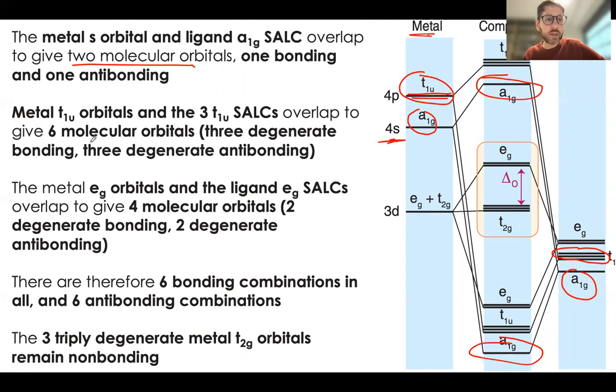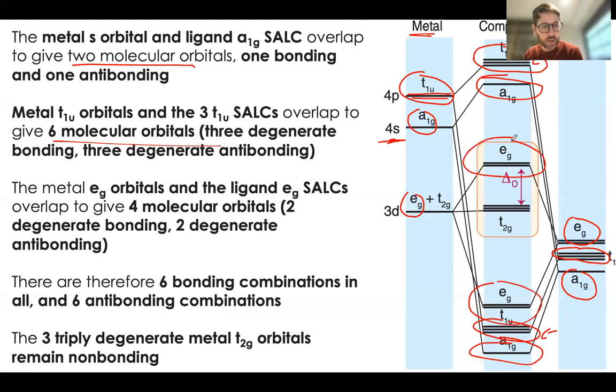So just to make it clear, this will give rise to 6 molecular orbitals, in which 3 are bonding and 3 are anti-bonding, and they are degenerate in energy. So the metal eg orbitals will combine with the symmetry adapted linear combination of eg orbitals in the ligands, leading to a bonding and anti-bonding combination, right?